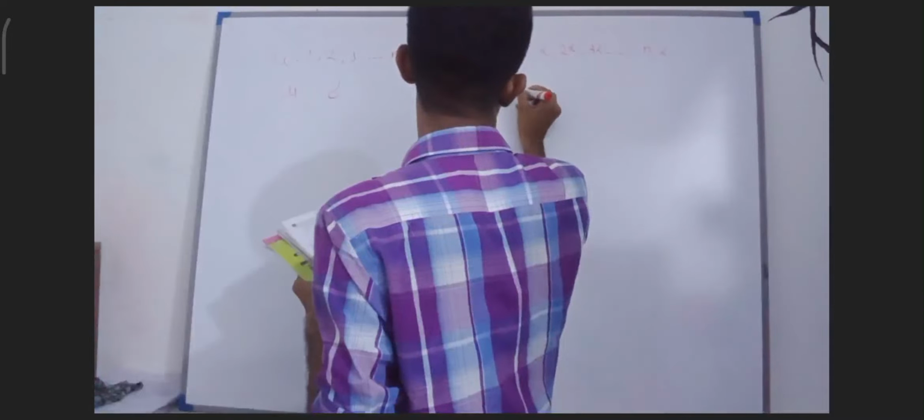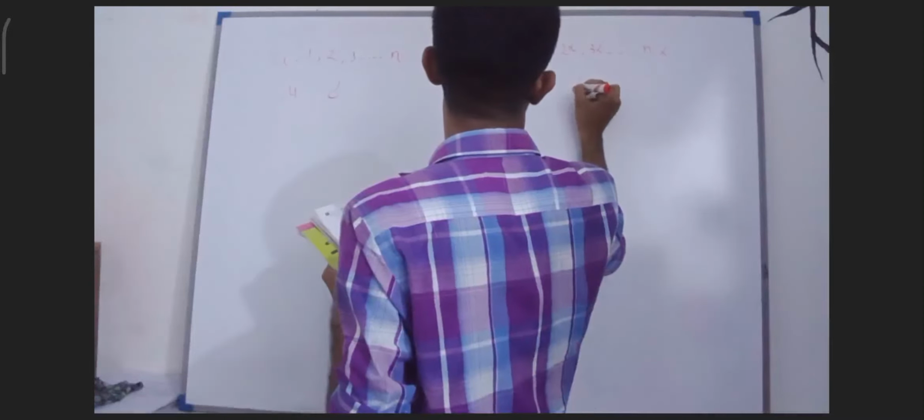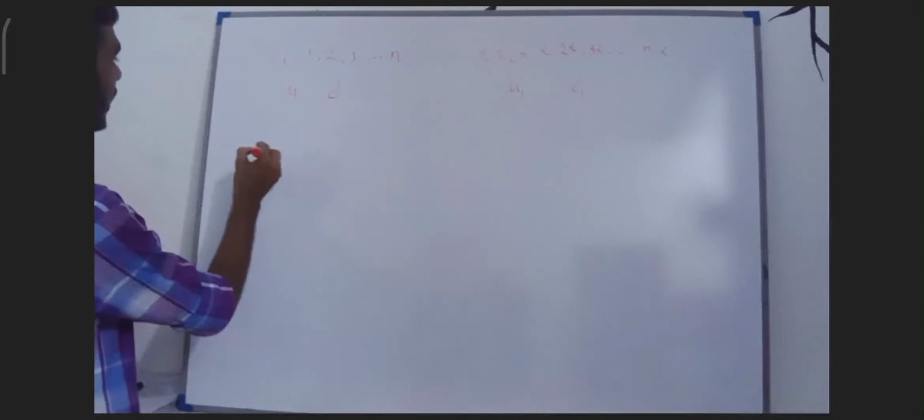Okay, let me take it as mu 1 and sigma 1. Standard deviation is sigma 1, where alpha is a constant.